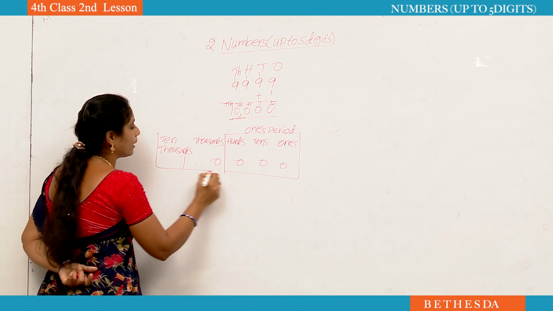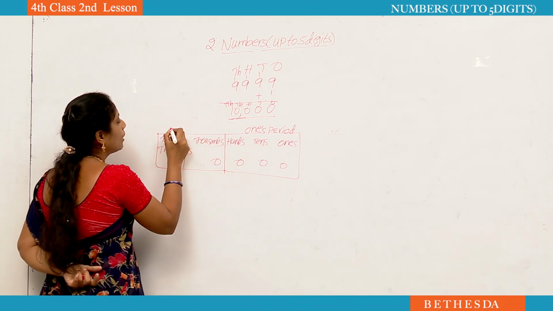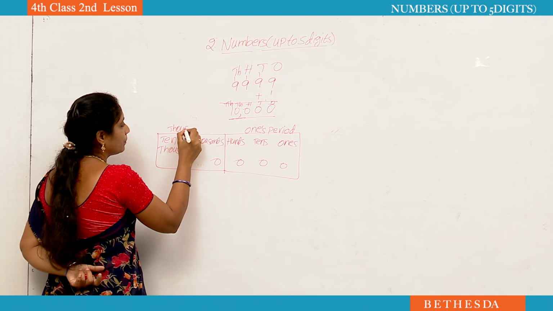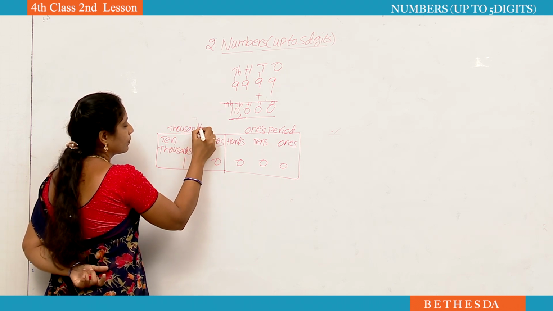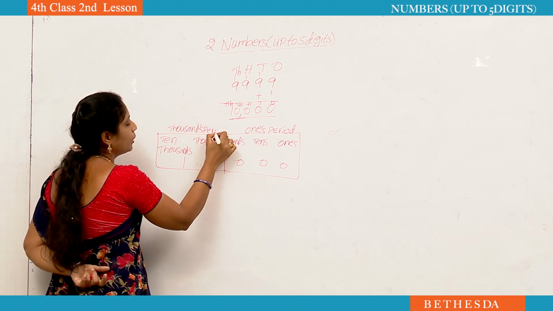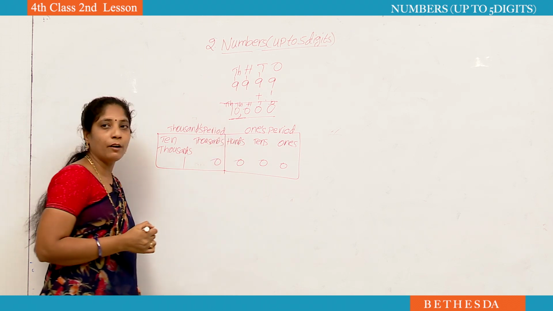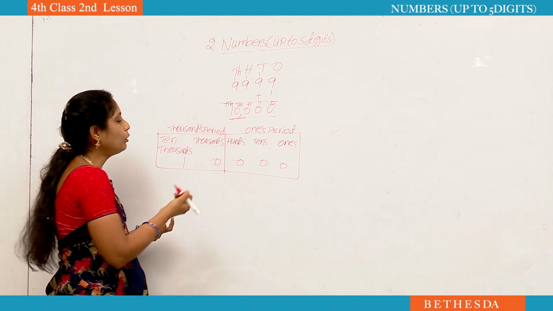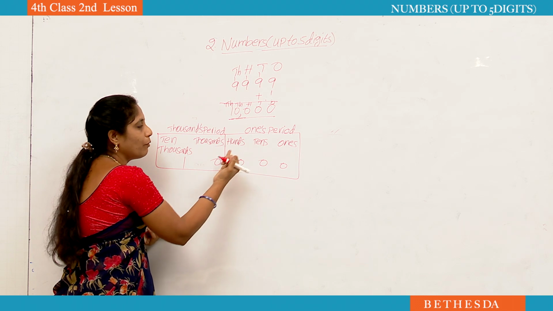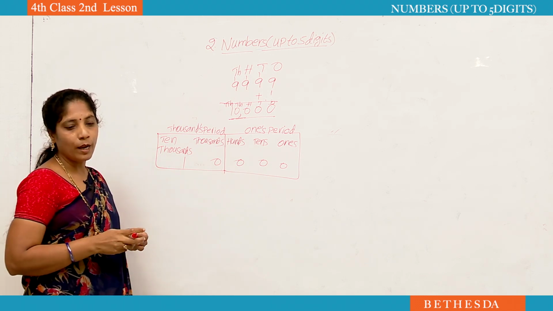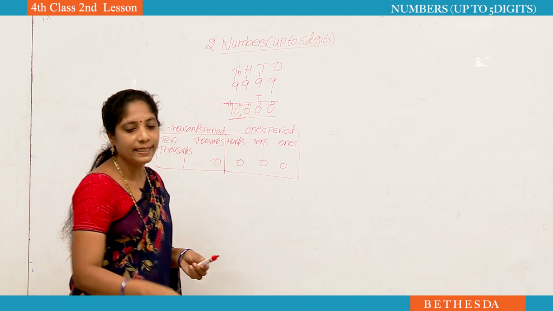Thousands and 10,000 we have to call the thousands period. Okay, did you understand? While we are writing 5-digit numbers, we have to keep a comma after the ones period.